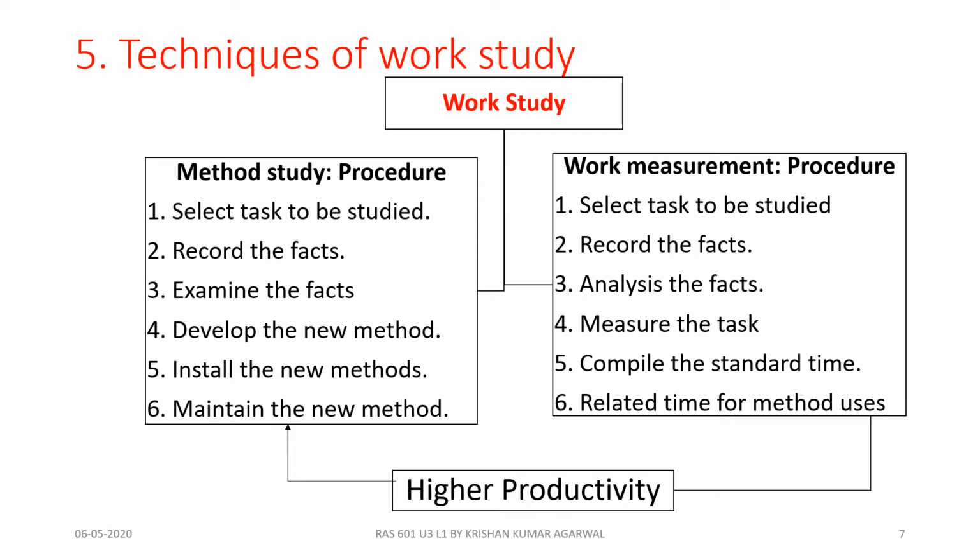Next is work measurement. Work measurement is also a technique that is used to study the time and movement of workers on the shop floor in order to produce the goods.